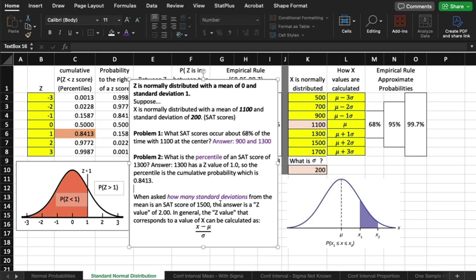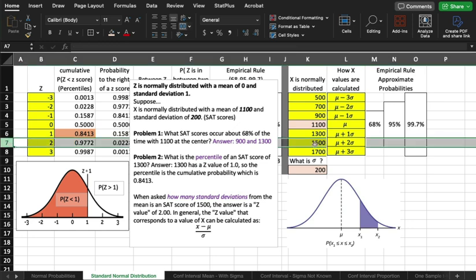Since we know what that number is for 1500, because 1500 is on our table here, all we have to do is look across from it. 1500 corresponds to a z-value of 2. So the answer to that question of how many standard deviations it is, is 2. It's 2 standard deviations away from the mean.